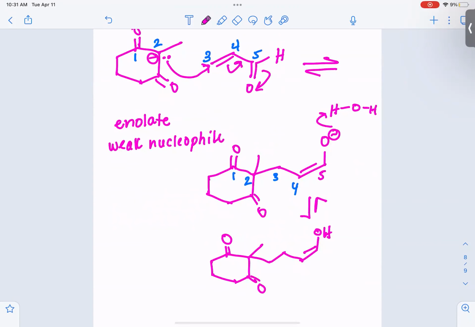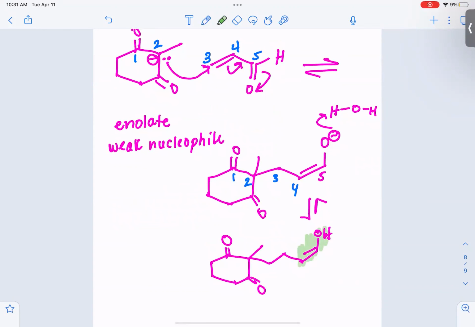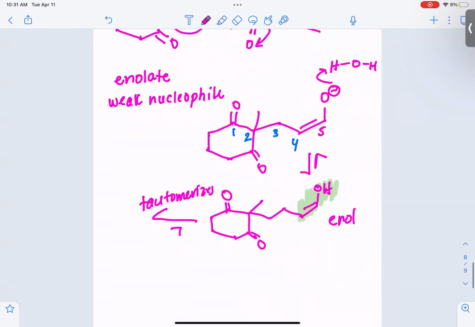And what do I make? What is this here? Good, an enol. And so to finish the mechanism, you can just say it tautomerizes to the aldehyde. So that would be your Michael reaction.